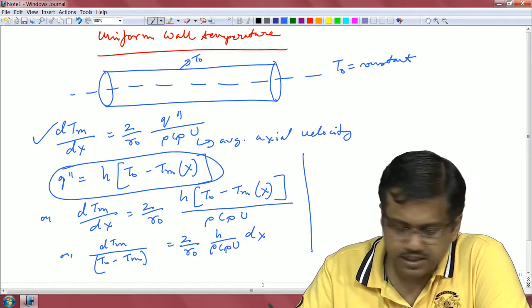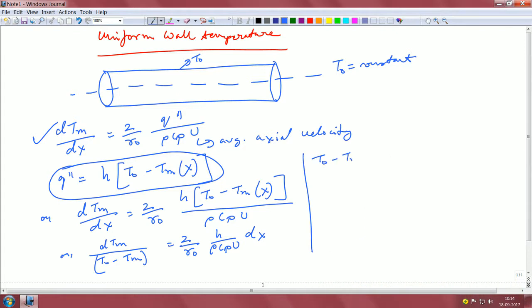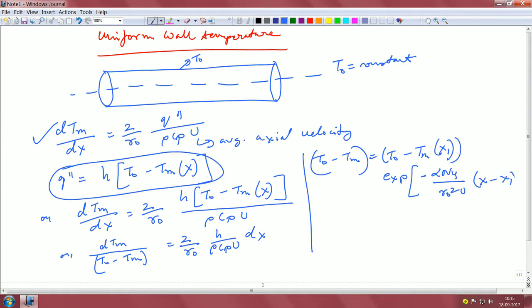Now, once you integrate the whole thing, it is basically given as... So, what does this mean?